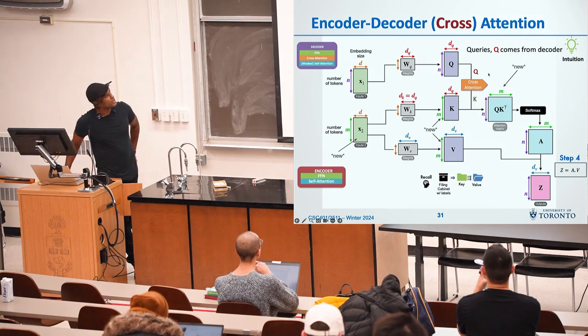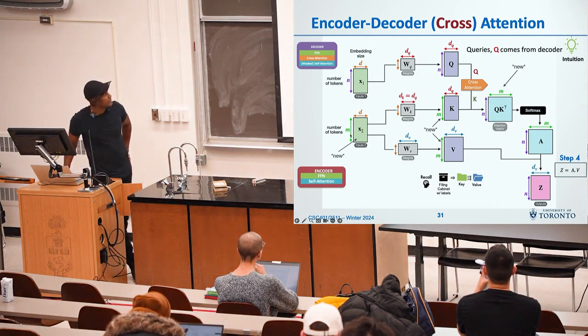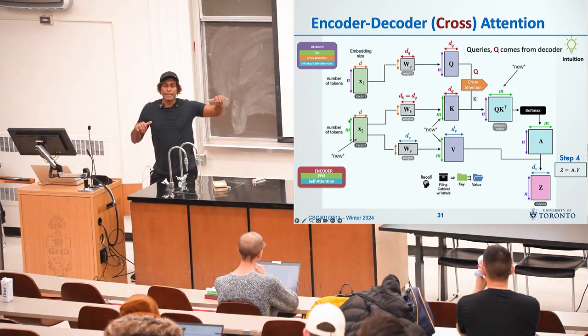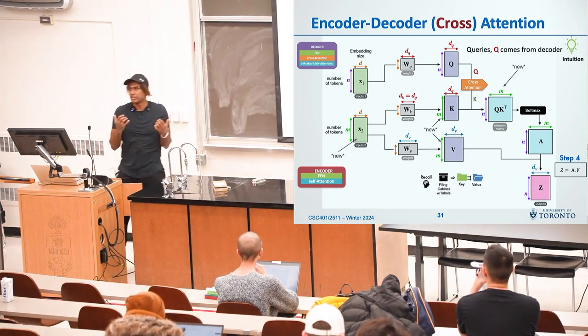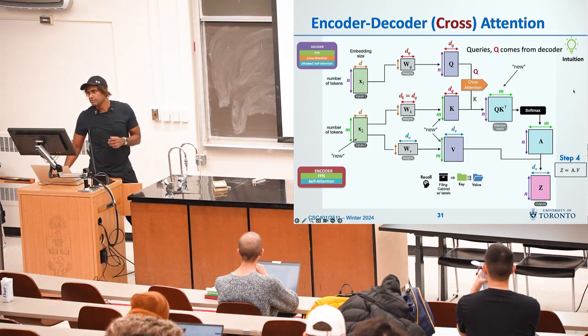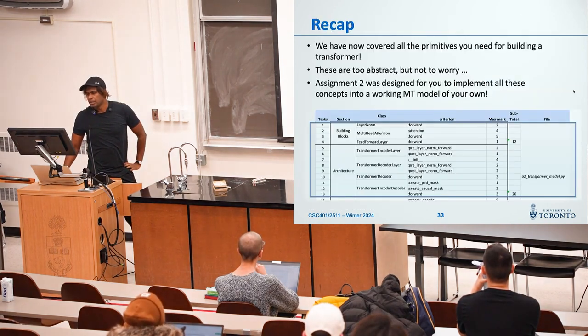So not much difference. Now note that the dimension could be different in this case, because of the number of tokens, right? So basically, let's say if you have 10 French words, and then you can have 8 English words, so they don't have to match, right? We understand that concept. So apart from that, everything else is the same. Okay, I hope it's clear.